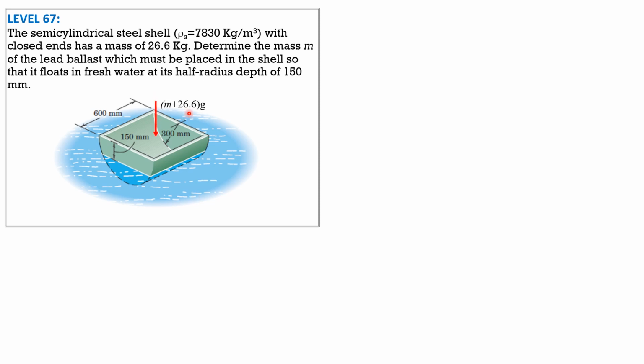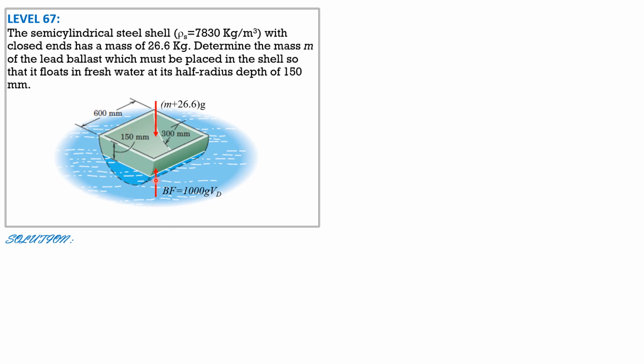So this is the weight, quantity m plus 26.6 times g, and buoyant force 1000 g times volume displaced. We can analyze for the volume displaced, which is area of the portion of the semi-cylindrical shell below the water surface times length perpendicular to this direction, which is 0.6.